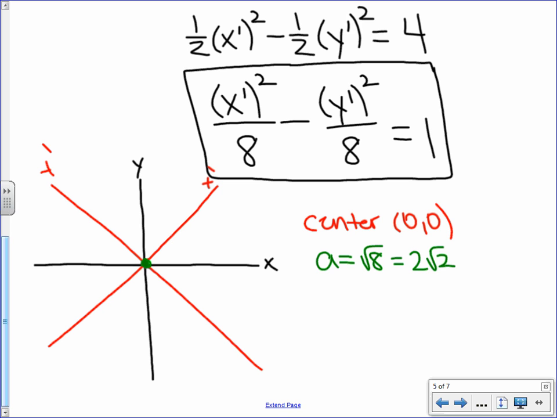So radical 8, that's almost 3. You agree? Our b value is the same.